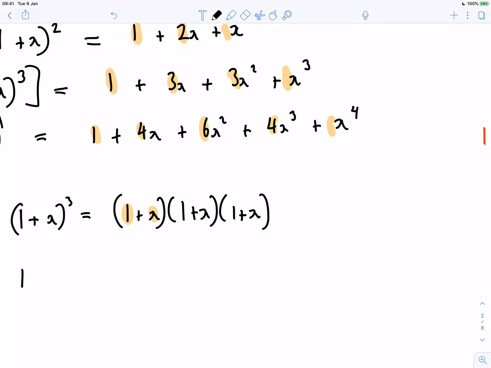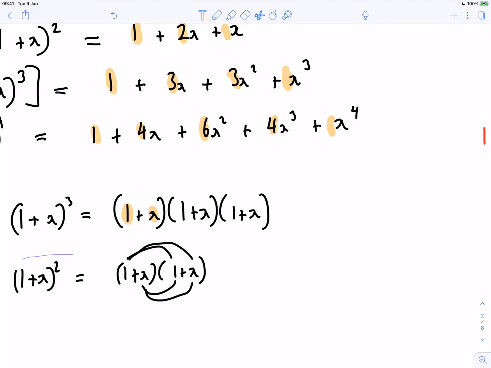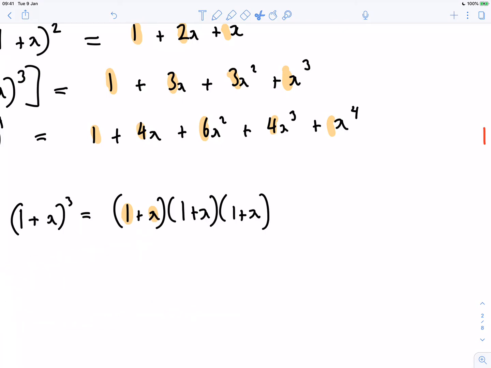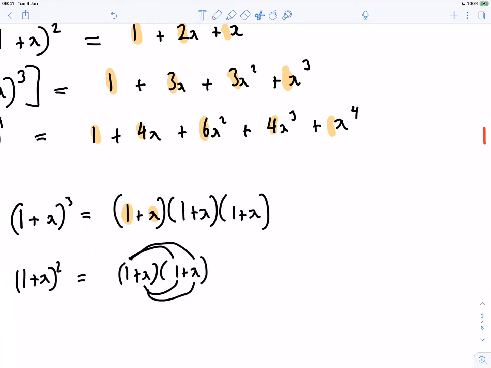If you think about what we did for (1 plus x) squared, which was (1 plus x) times by (1 plus x), then the acronym FOIL, first, outer, inner, last, is a good way of making sure that we get all four combinations. However, for (1 plus x) cubed, we just have to be careful and make sure we get every single combination.